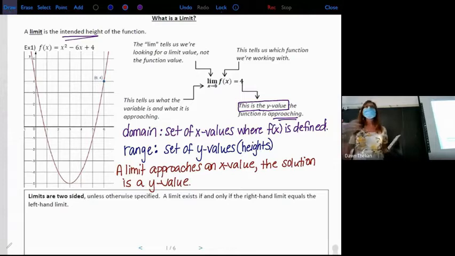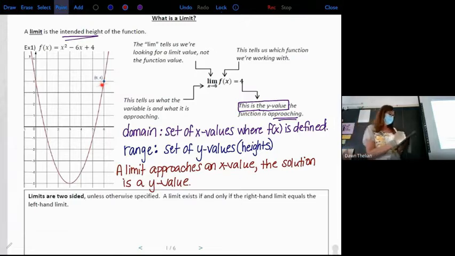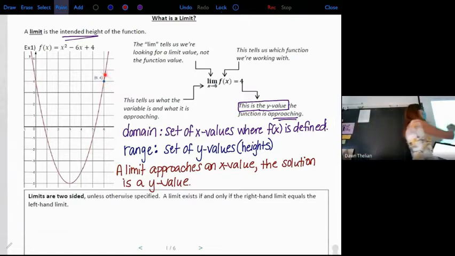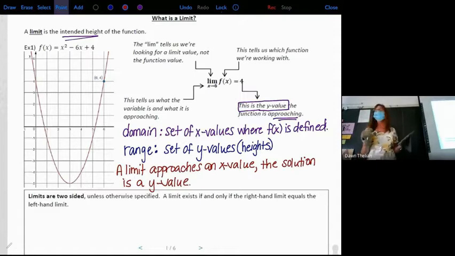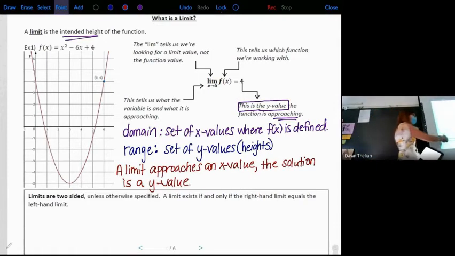Now, before, when I was pointing to the graph, I really took advantage of the fact that I was approaching from both sides, coming in this way and this way, like I was driving to that location from two different sides of the value x equals 6. That's true as long as I'm not told otherwise.